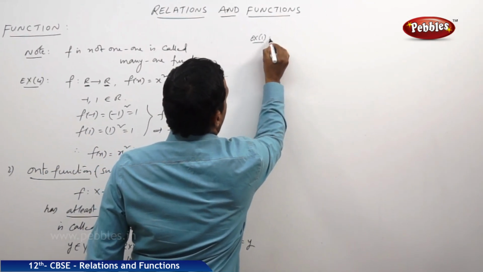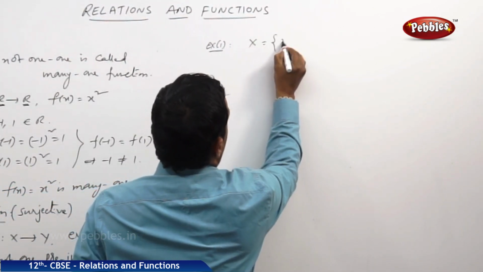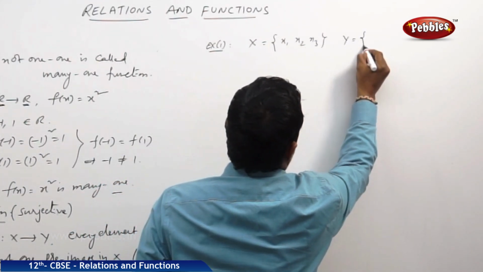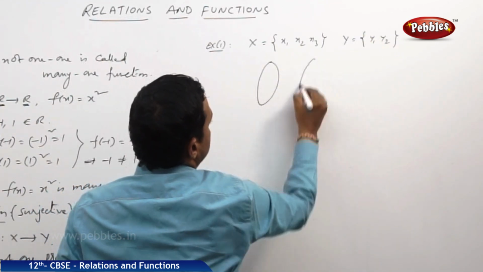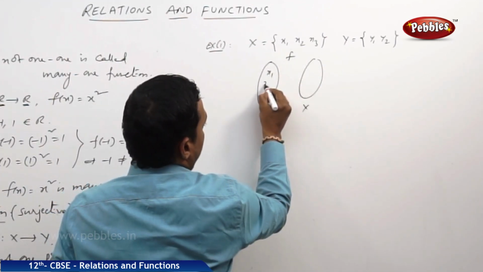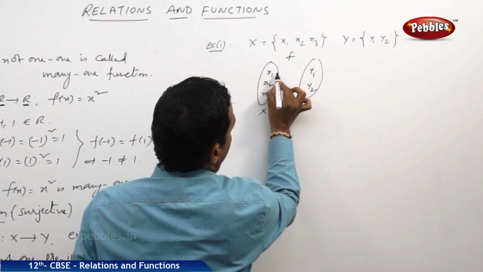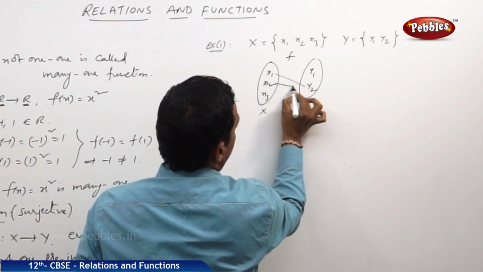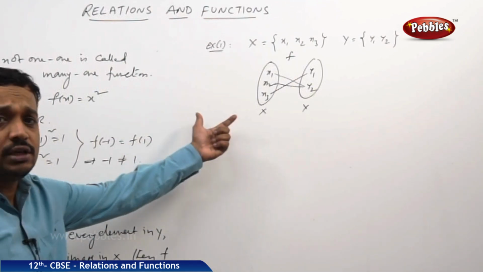Example 1. Consider X is the set {x1, x2, x3} and Y is the set {y1, y2}. Now, a function is defined between them. F is defined like this: x1 mapping to y2, x2 mapping to y2, x3 mapping to y1. Suppose any relation be like that.